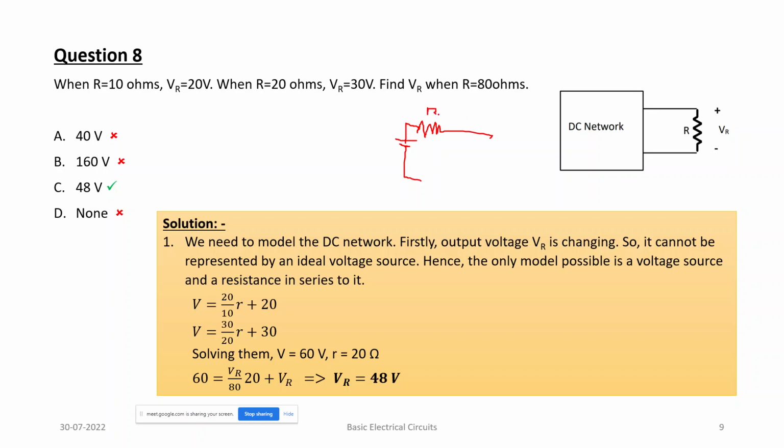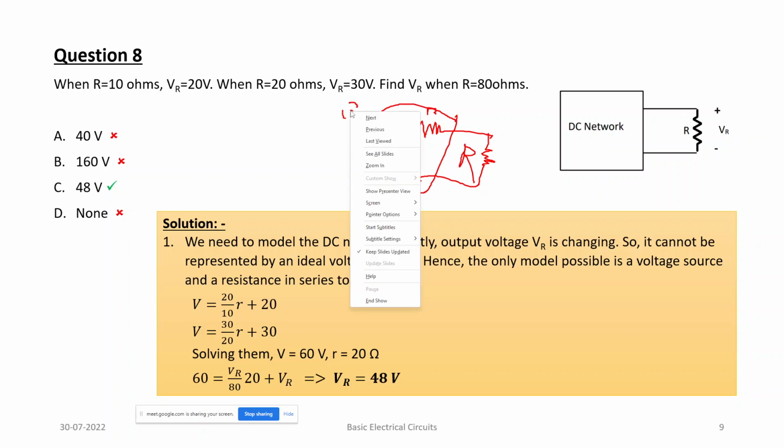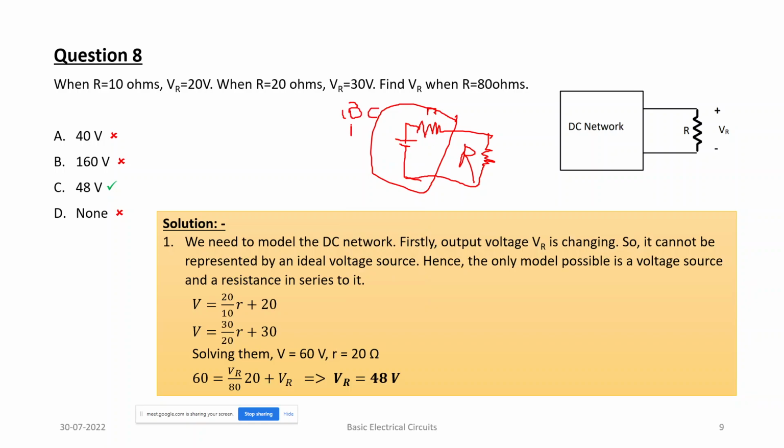This is small r, and this is the capital R. So this part is my DC network. Okay, this square part, you got it? This is my DC network. Yeah, sir. Clear, sir. Thank you. Okay.